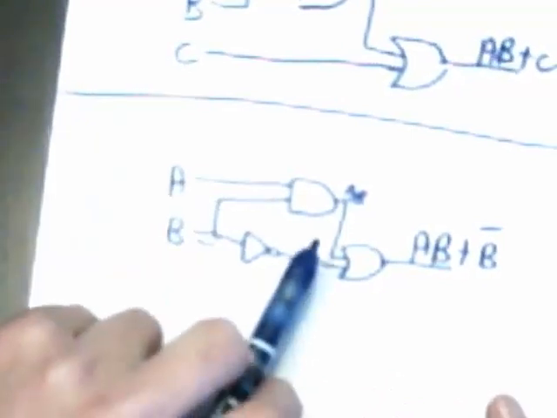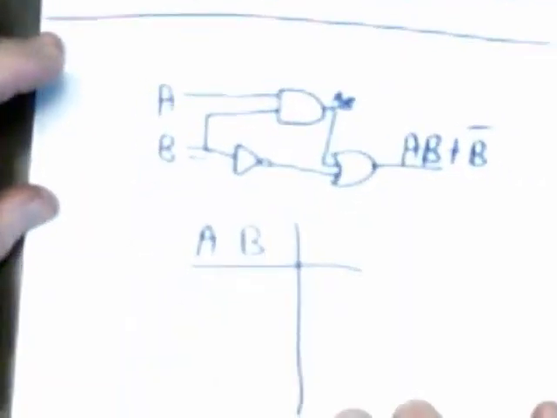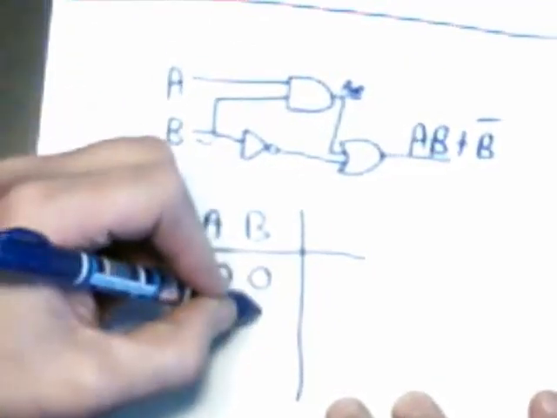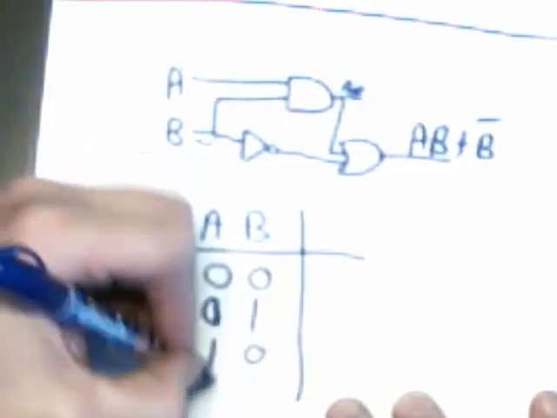Well, let's move on to what you're going to do next. That's going to be doing a truth table for the diagrams. I'm going to do a truth table for this one right here. What are my letters? A and B. So A and B are the two letters in my truth table. I write my truth table with the options that A and B could be.